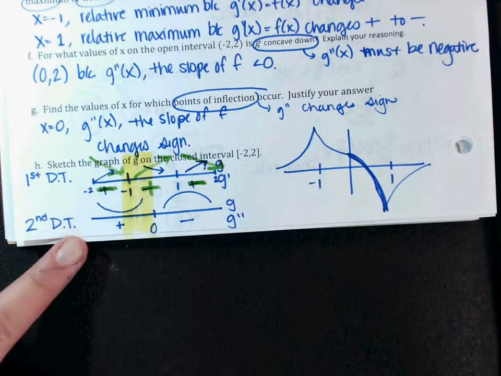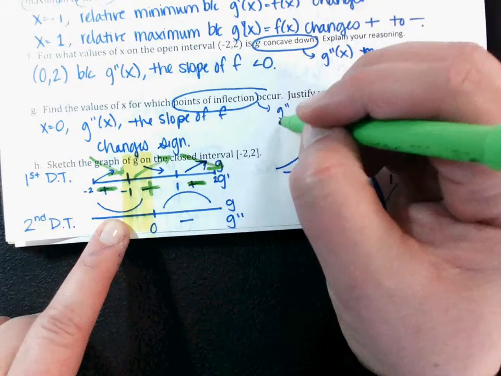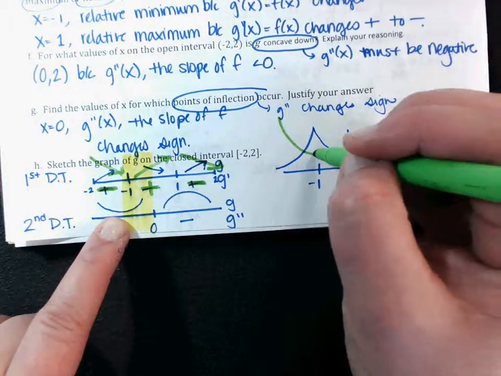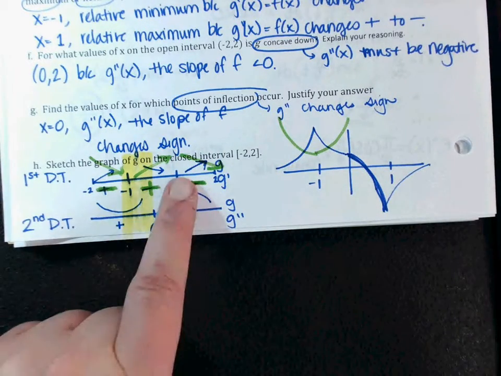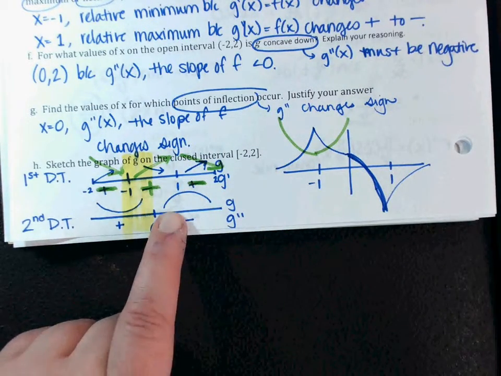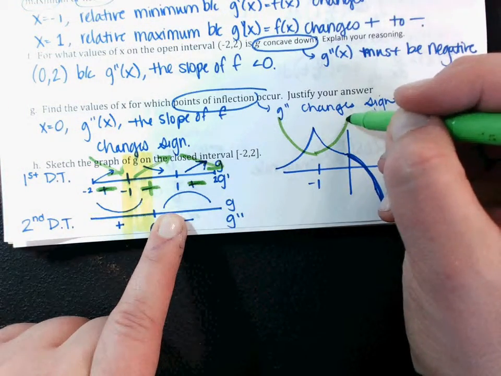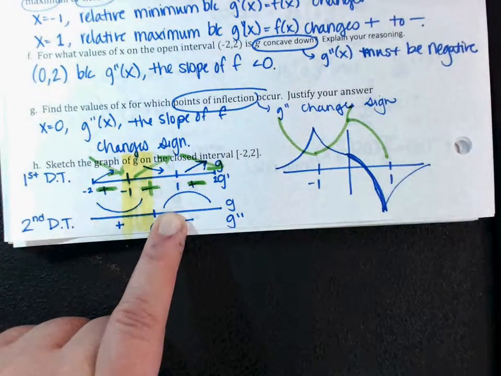I don't care. But, okay, so I'd be going down, concave up, so that'd be like this. Then I'd be going up, concave up, that would be like this. Then I'd be going down, concave down, like that.